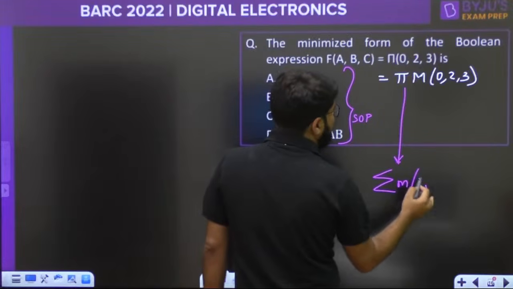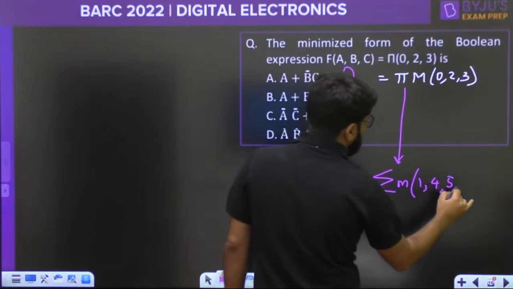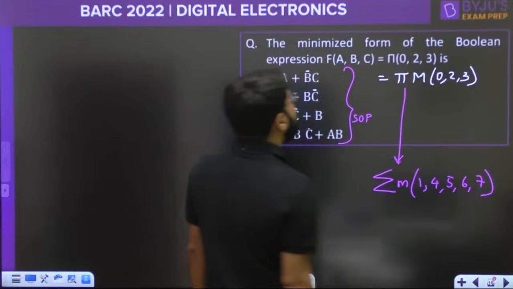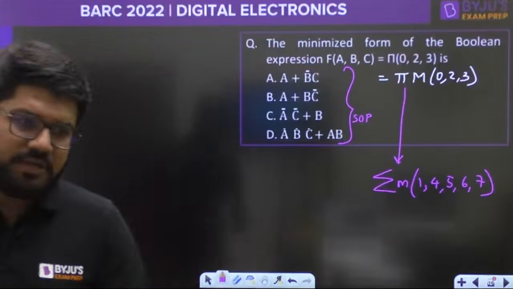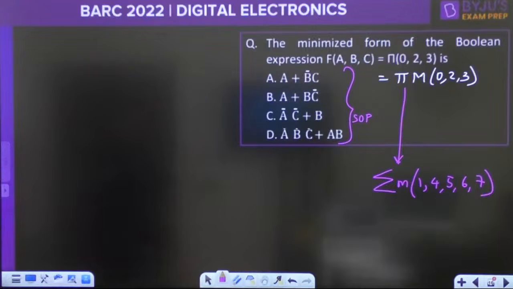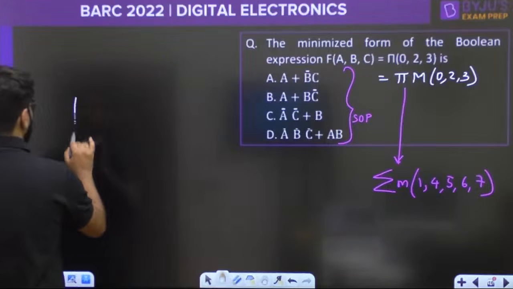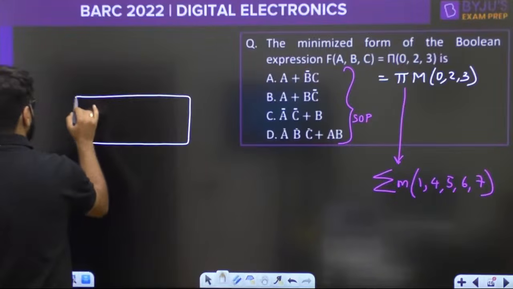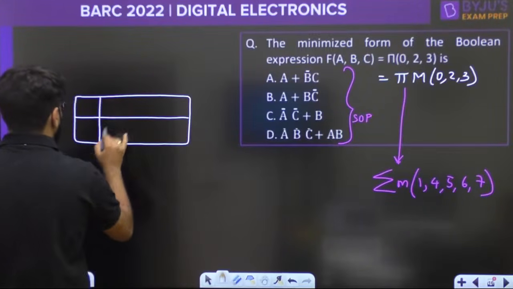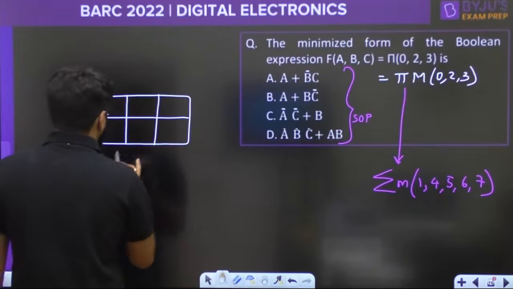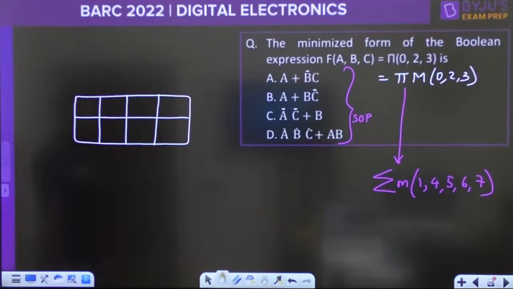So this should be 1 and 4, 5, 6, 7. That should be the answer.